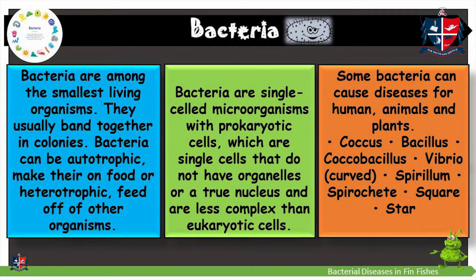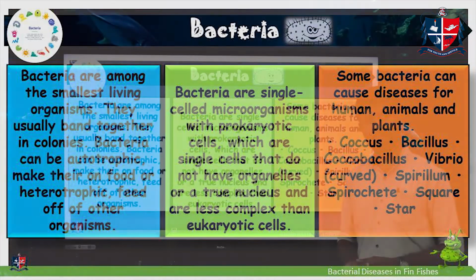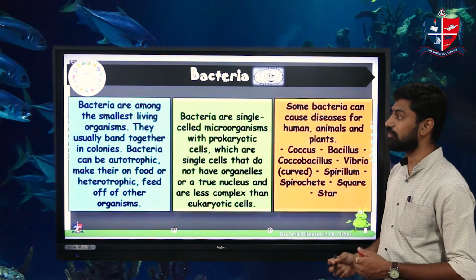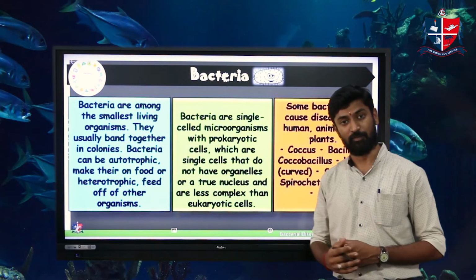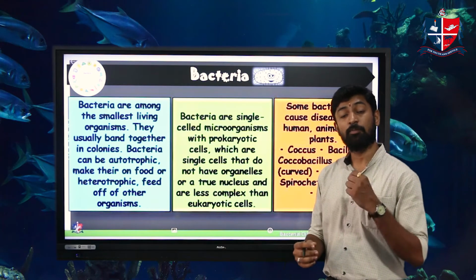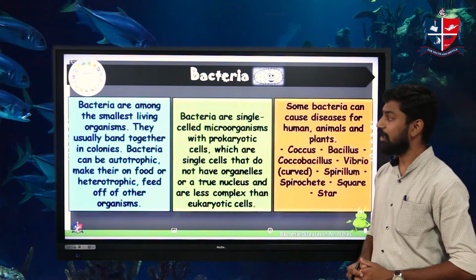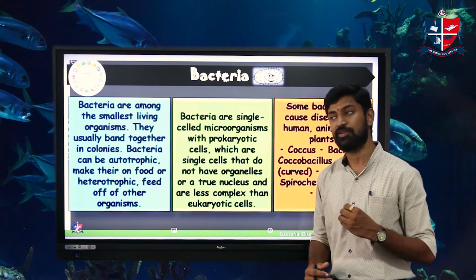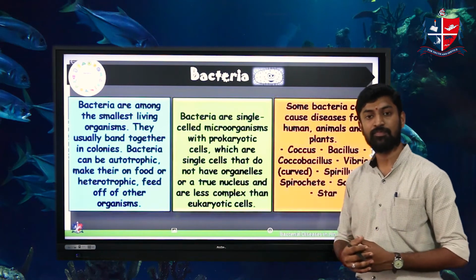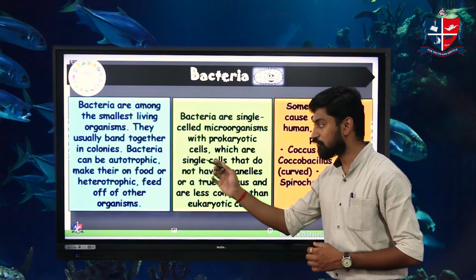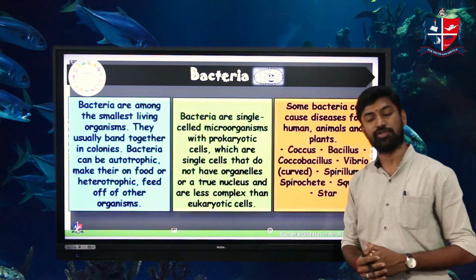And we all know about bacteria. Bacteria are among the smallest living organisms and vary from 0.5 to 10 micrometers. They are usually banded together in colonies, and they are autotrophic and heterotrophic in nature.